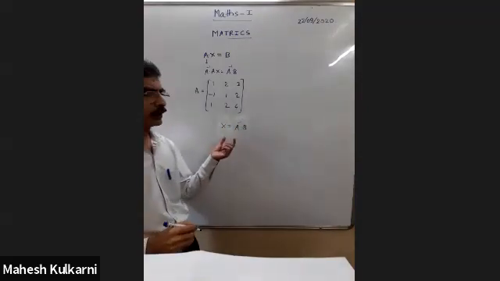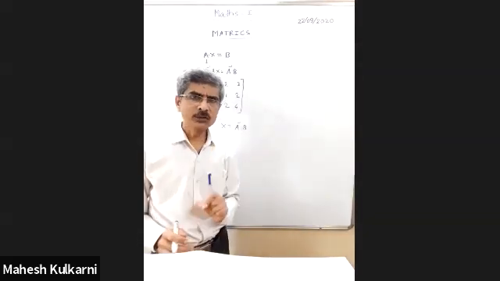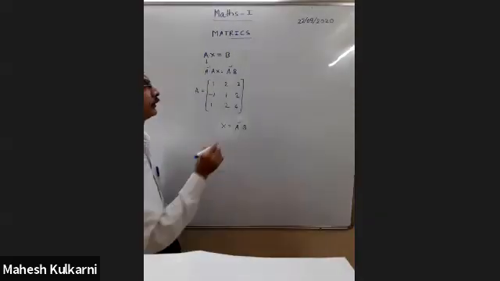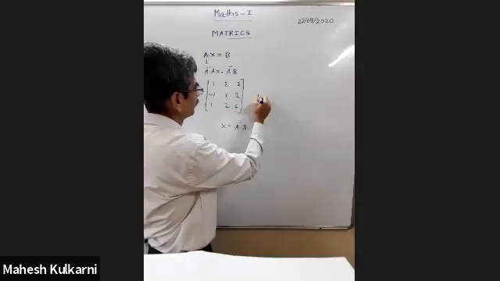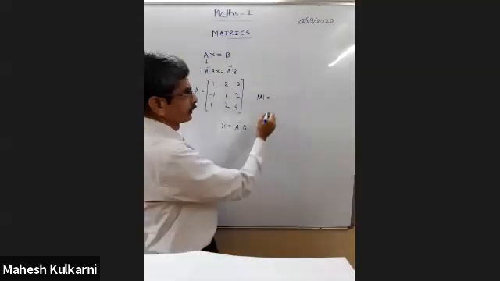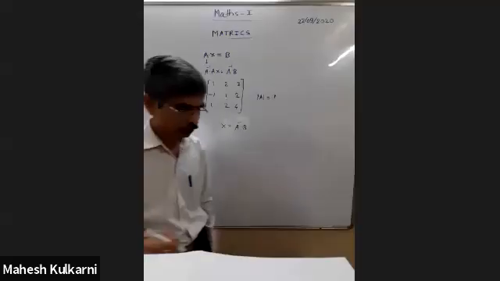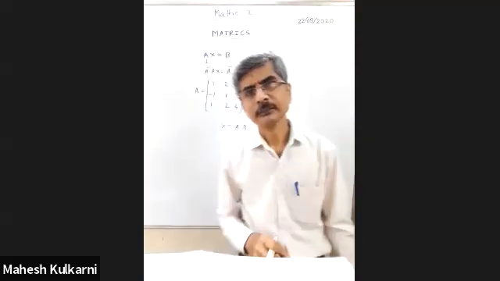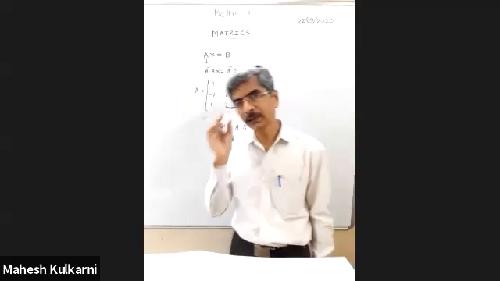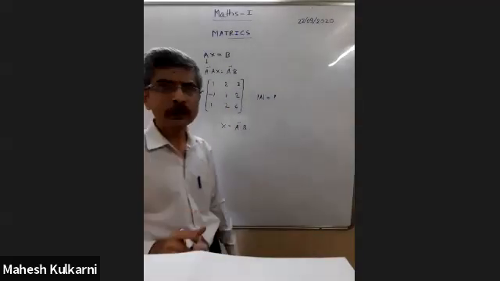So in this solution, adjoint, inverse, everything was correct, but there was one small mistake. Make the correction. I think the value of determinant of A in our solution, there was some mistake, and I am sorry for that.